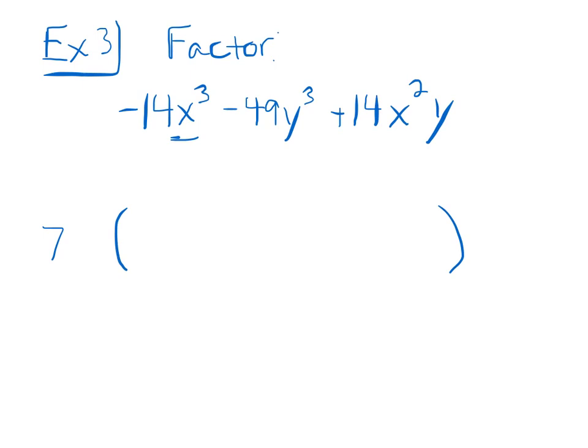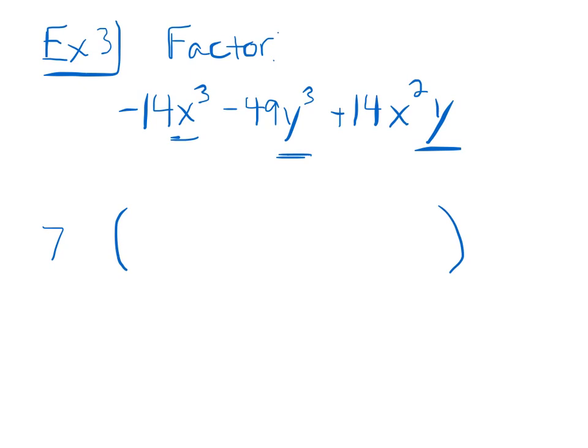The answer is no, because this middle term doesn't have an x. It only has a y. So x isn't common to all of these terms. And then let's look at y. The second term and the third term have a y, but does the first term have a y? The answer is no. So on this problem, there are no common variables to each term that we could factor out.